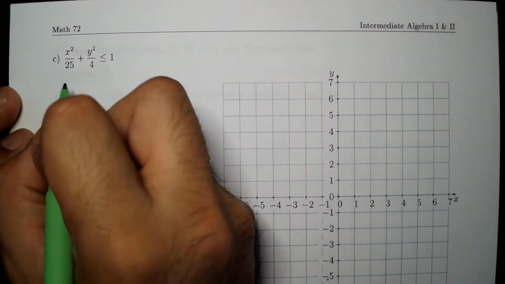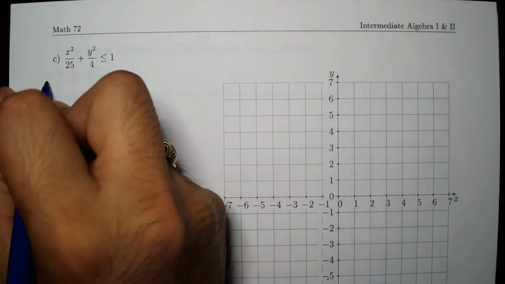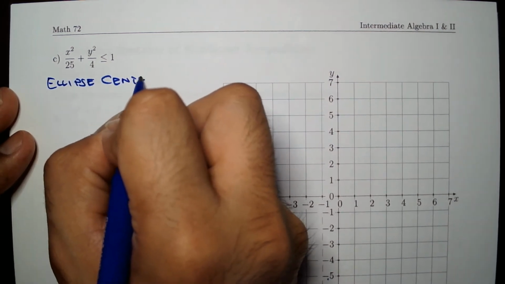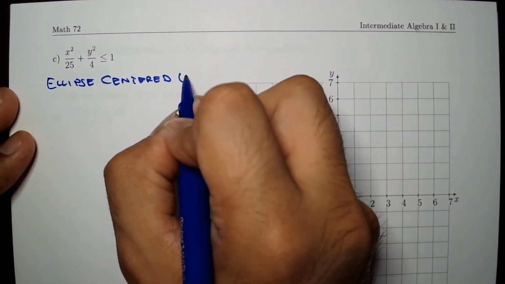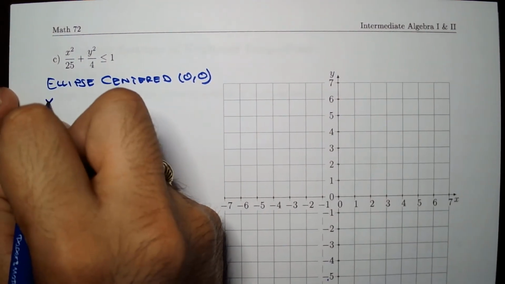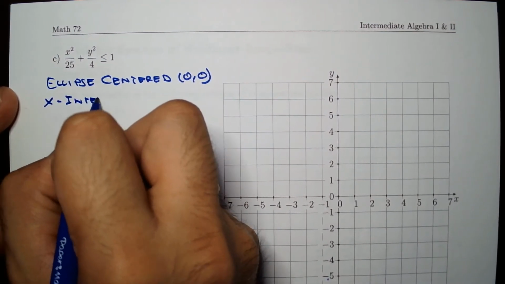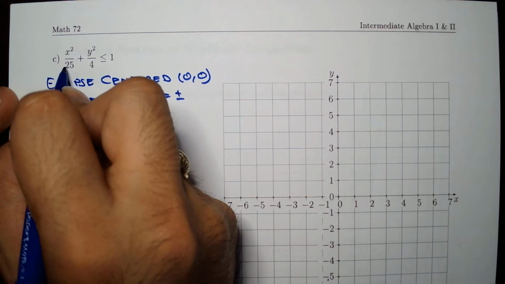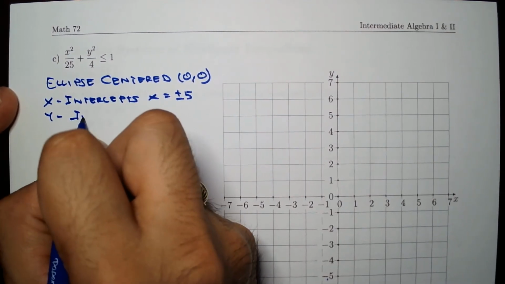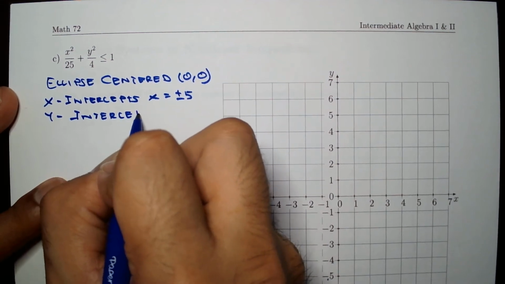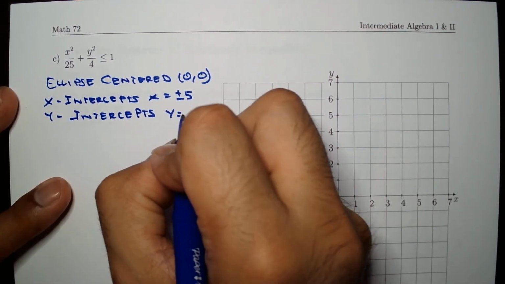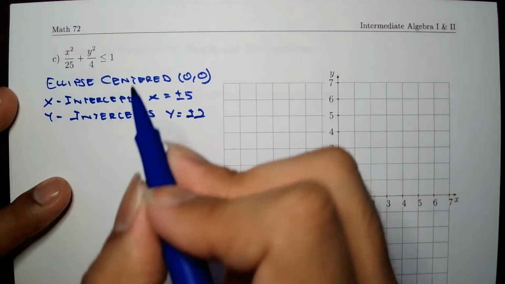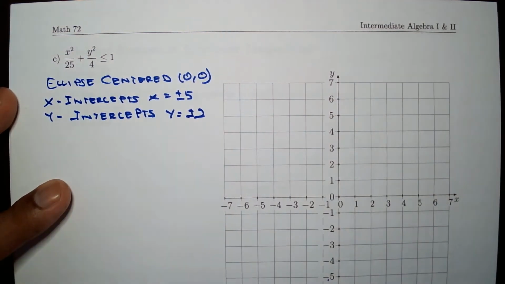So that means it's an ellipse centered at the origin 0, 0 with x-intercepts at x equals plus or minus 5 and y-intercepts y equals plus or minus 2. Remember, this is a squared and this is b squared. So the intercepts are the square roots of these two numbers.